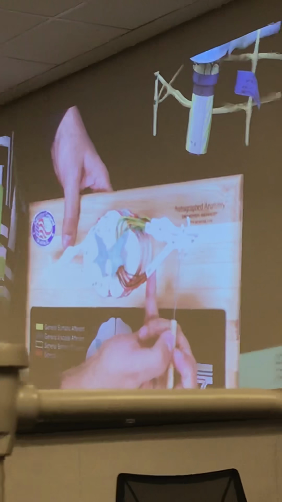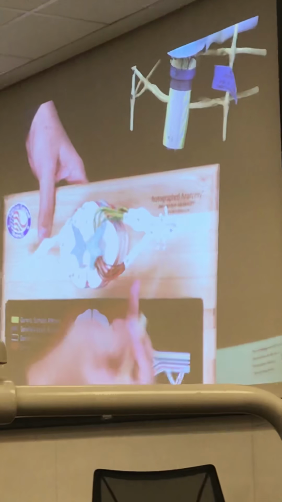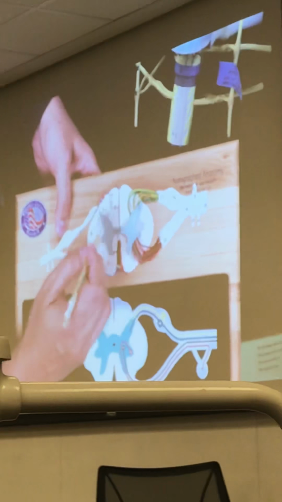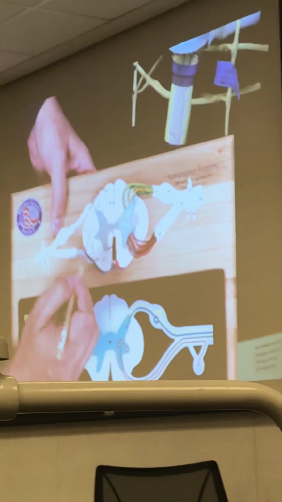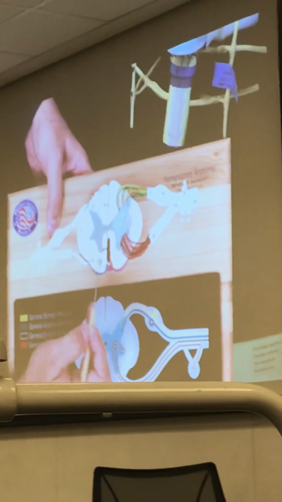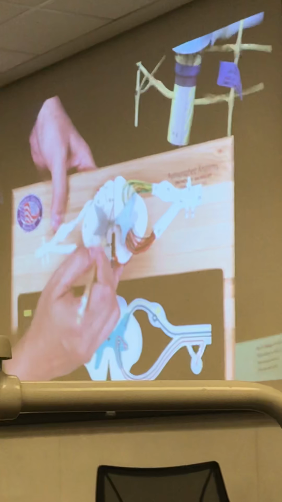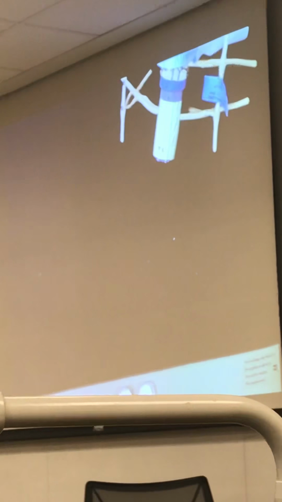You have the rami communicantes coming out from here, you have the dorsal root and the ventral root. Knowing the white matter around, remember on the sides, this is the lateral white matter, this is the anterior white matter, posterior white matter right here. Okay, so any of these models might be used for your spinal cord cross section.